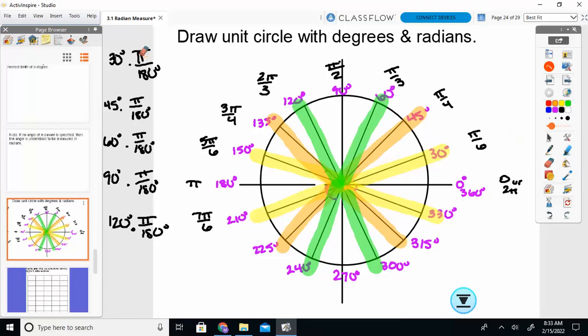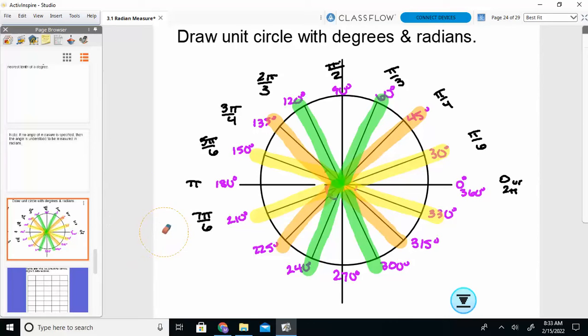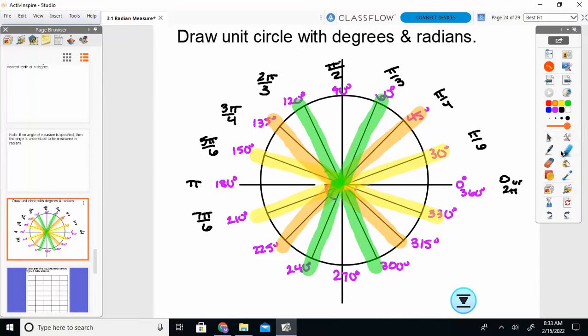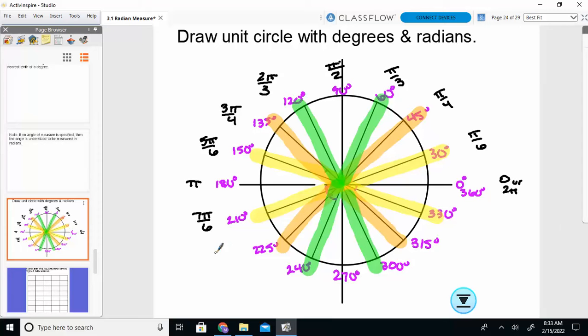All right, if you do 225 times pi over 180, what do we get? 5 pi over 4. Okay, how'd you get that? I did 225 times pi over 180.